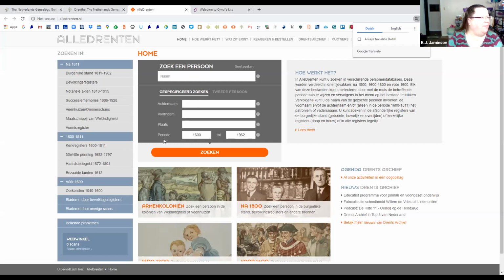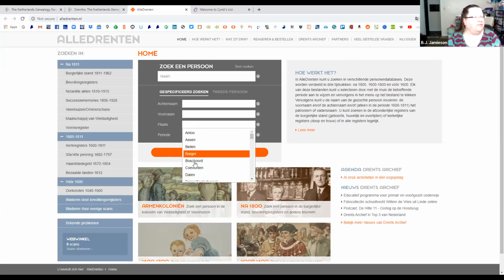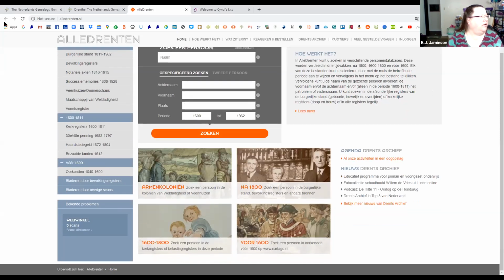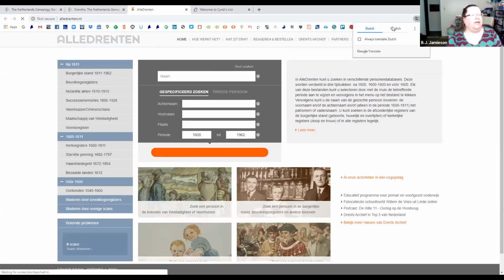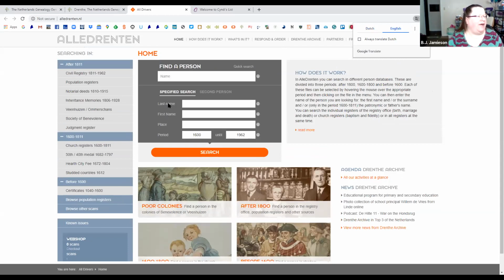And that period you can figure out is going to be dates, because they also have dates in there. And then given those bits of information, there's a drop down, so it's going to be the town name. But it is nice to have the option to translate it and find out that plaats means place. Makes sense, doesn't it?